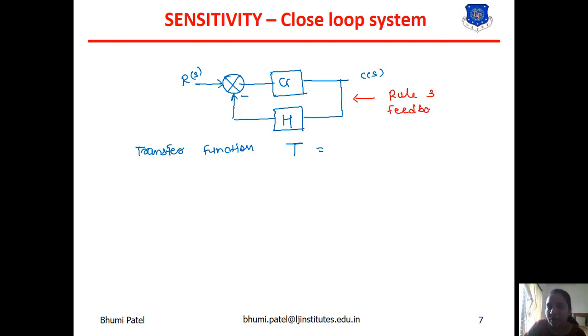And what is rule number 3? The feedback elimination rule. We can write the forward path upon 1, and if the sign is negative, we put plus forward path into feedback path. So this is the transfer function of this particular system.